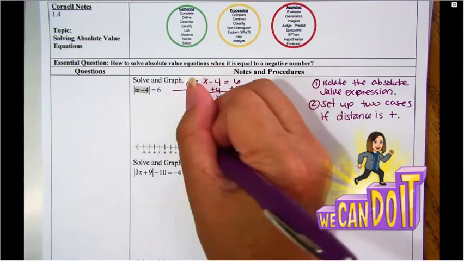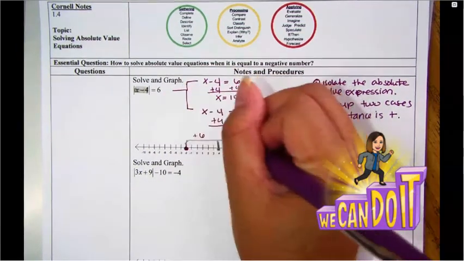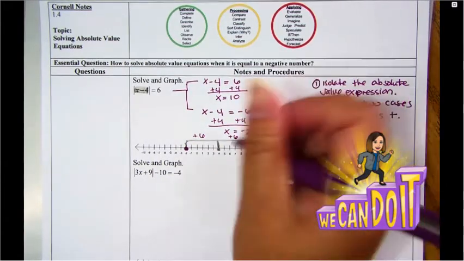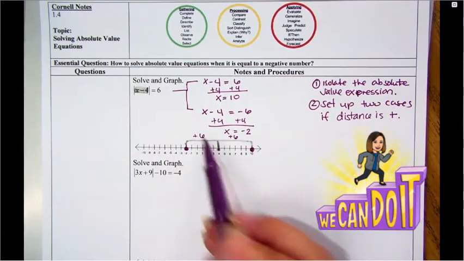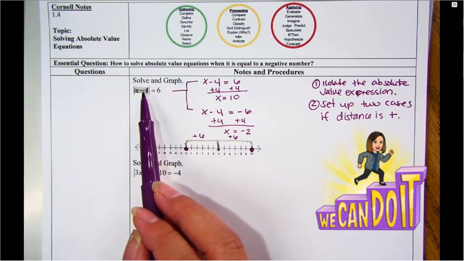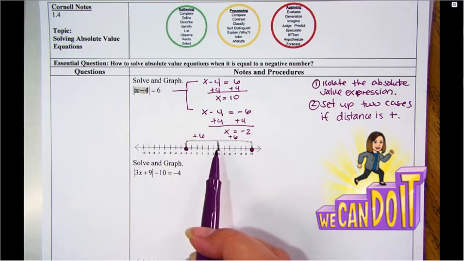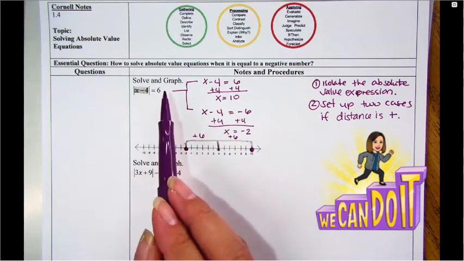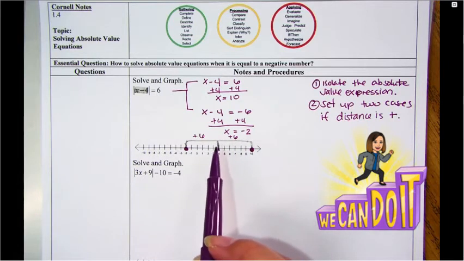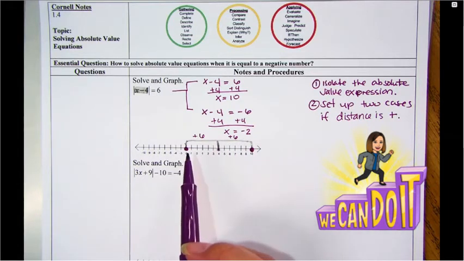So you're actually having 6 here, 6 units to the left, and 6 units to the right. And it started at 4. So it relates back to the equation. X minus 4, but notice that that's subtracting 4, but here is a positive 4 on the graph. And here we have a positive 6, which means the distance to the right and the same distance to the left.